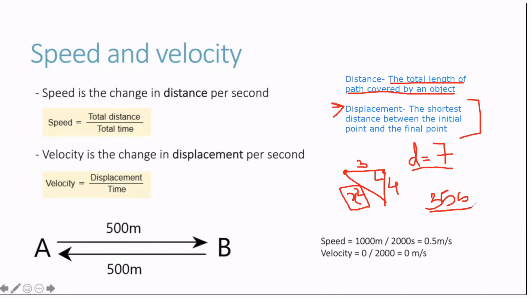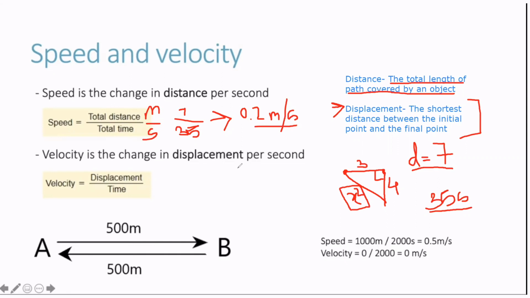So we know that speed is equal to distance upon time. So distance is 7. 7 divided by 35 would give us 0.2 meters per second. And friends, as this is in meters and this is in seconds, the unit which we get is meters per second.